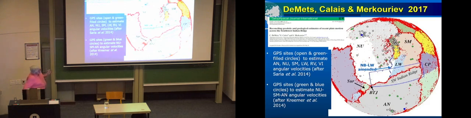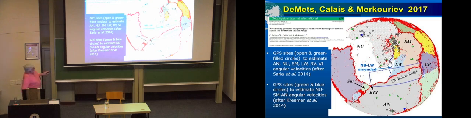And this is last year, the most recent paper in which Chuck Demetz and Eric Kalev collaborated. Chuck and a Russian colleague have redone all of the magnetic anomaly work along the Southwest Indian Ridge, and again made quite sure that this is indeed an intervening plate along that system.